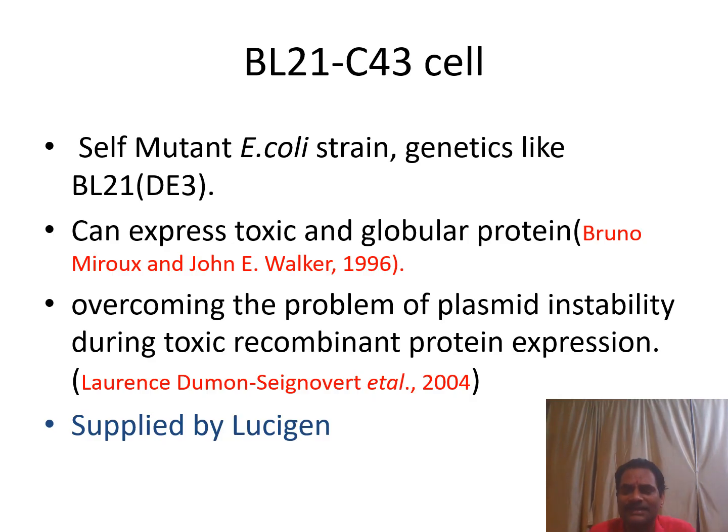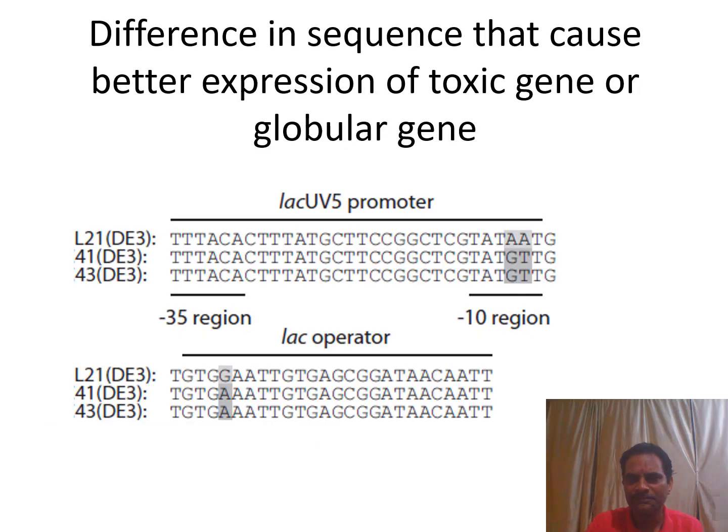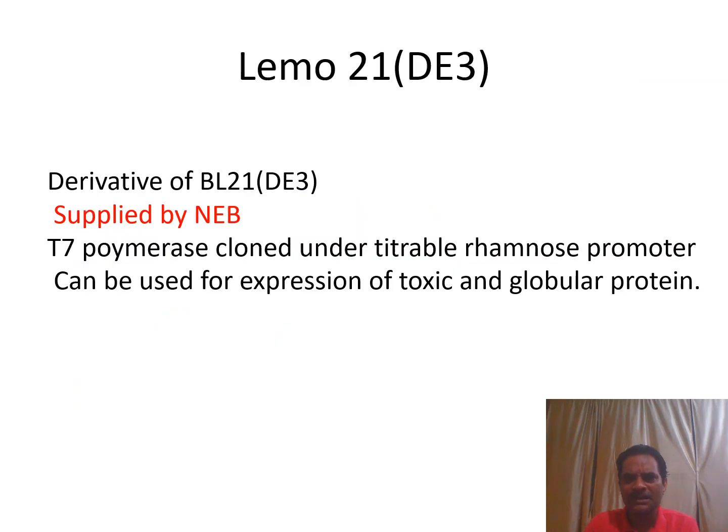When they sequenced its genome, they observed there is a mutation in the promoter, and that ultimately causes the survival of the transformed E. coli cell, in which your recombinant vector is present and the globular protein coding genes are present. So this is a mutation.